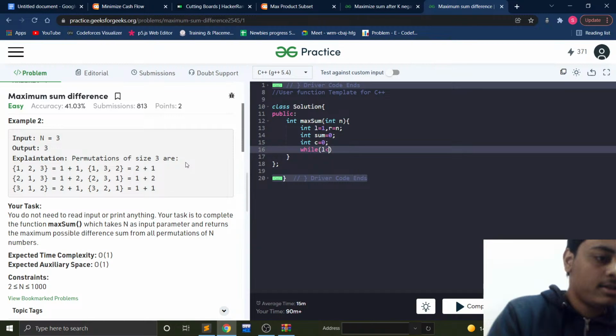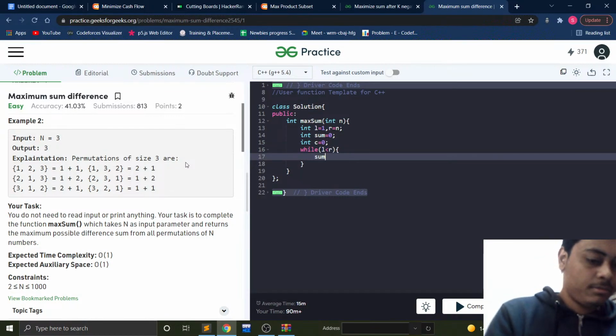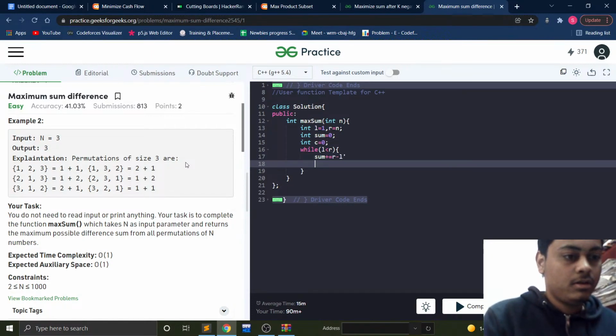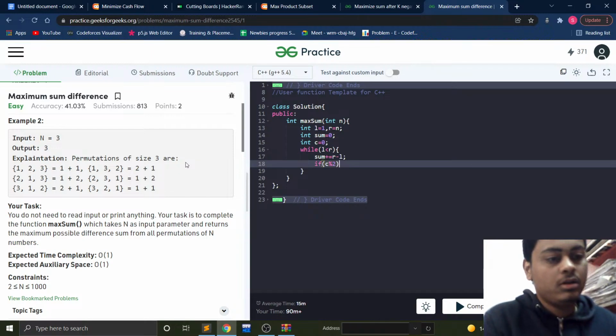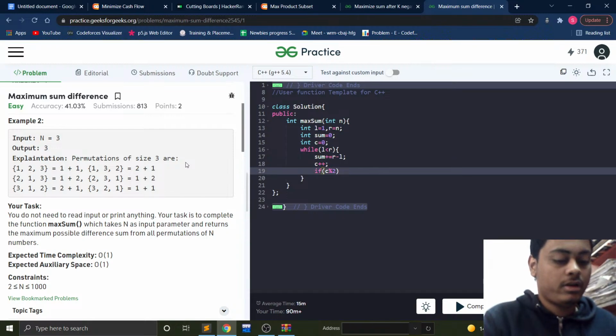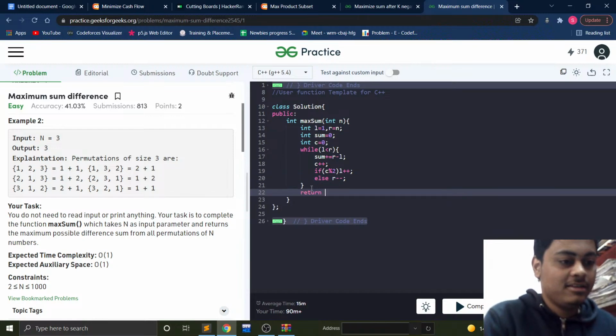While L is less than R, sum plus equal to R minus L. Fine. If C mod 2, I'll do C++, I'll do L++, else R minus minus, and I guess that's it. Done, the sum.